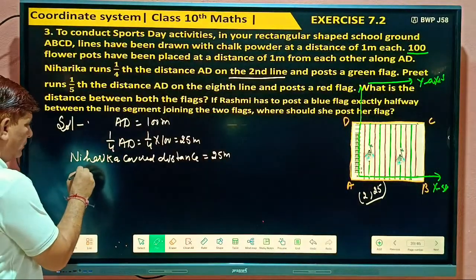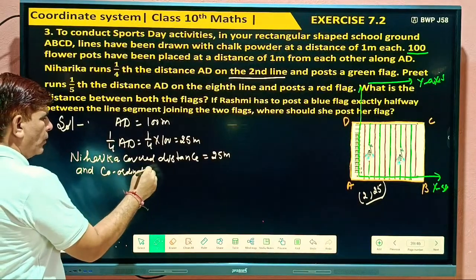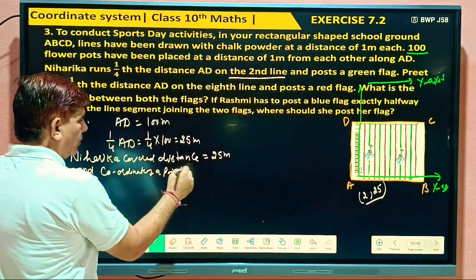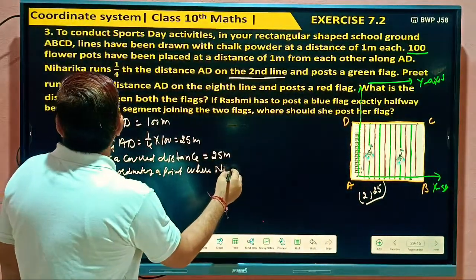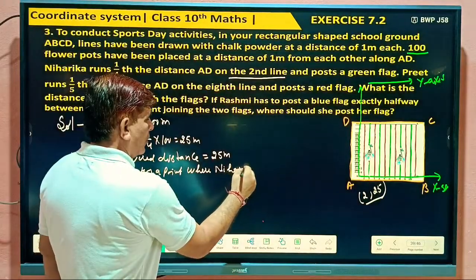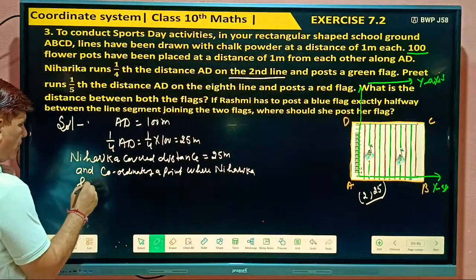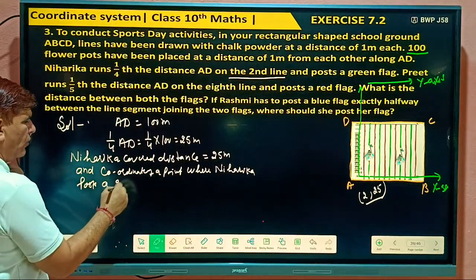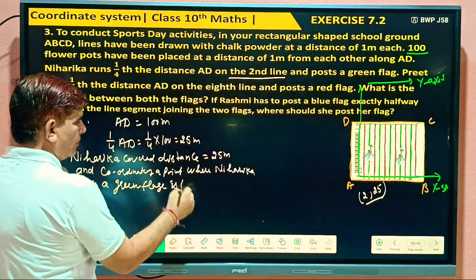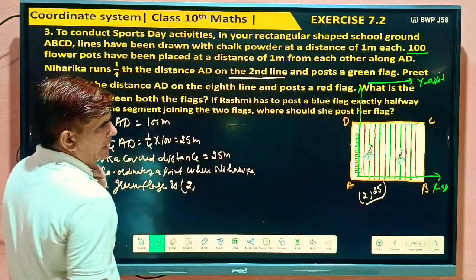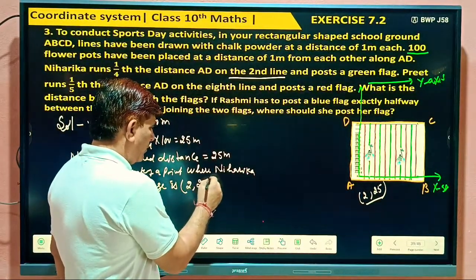And coordinate of a point where Niharika posts a green flag is, I told you, moving in second line. So x coordinate is 2 and this is 25 already found.